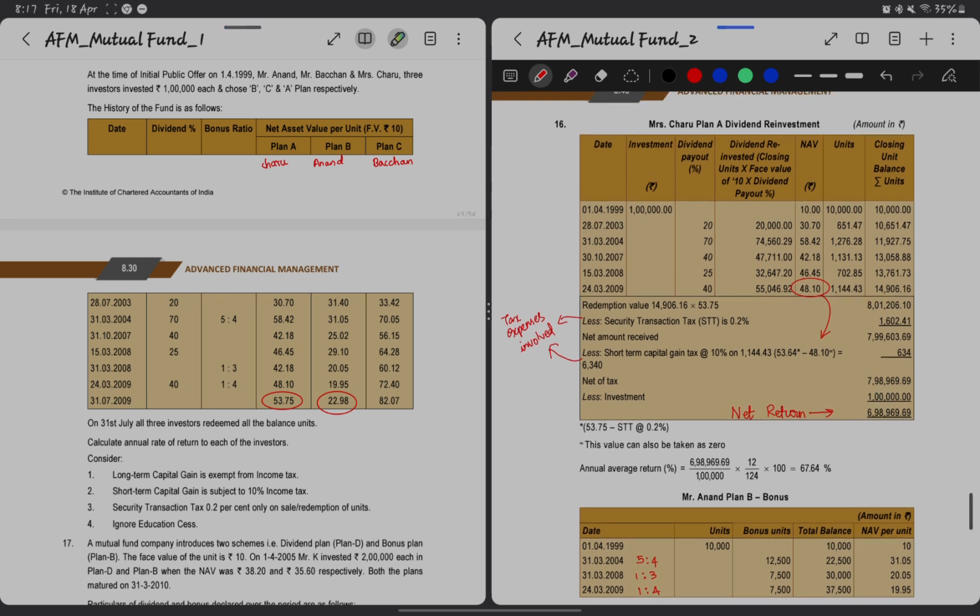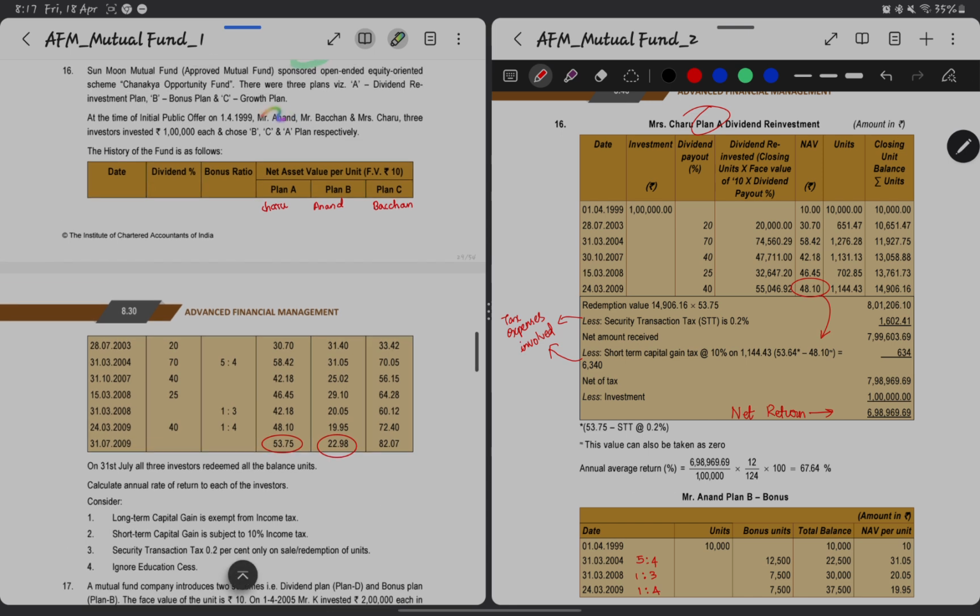Now going to the solutions, we have to split this into three plans, as we have three people, Charu, Anand and Bachchan. First, plan A was taken by Charu. Plan A is the dividend reinvestment plan, so whatever dividend we receive will get reinvested again into the mutual fund.